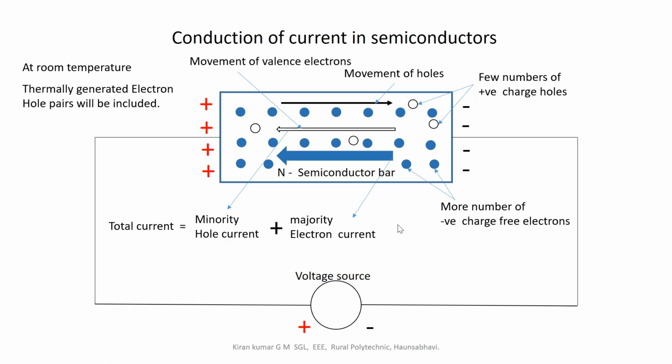In the external circuit, the direction of current is shown opposite to the flow of electrons, and that is why it is shown as flowing from the positive terminal of the voltage source through the external circuit towards the negative terminal of the external voltage source.